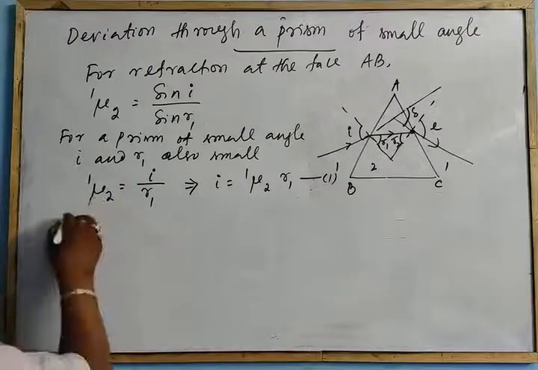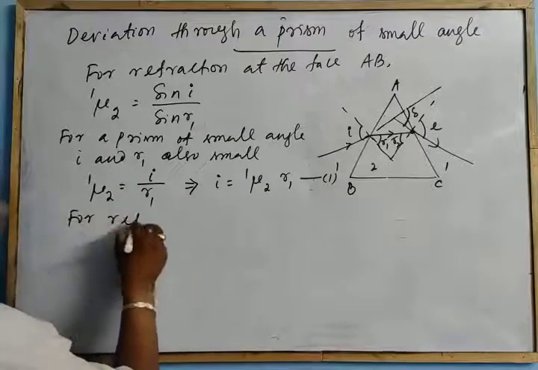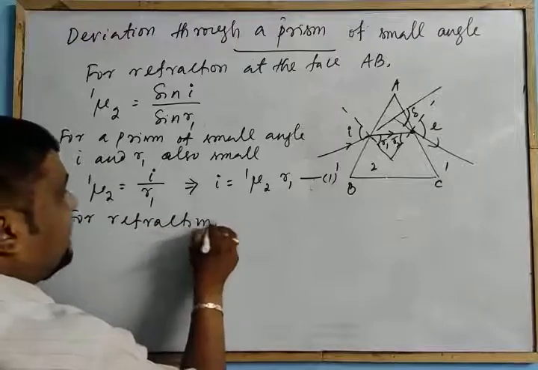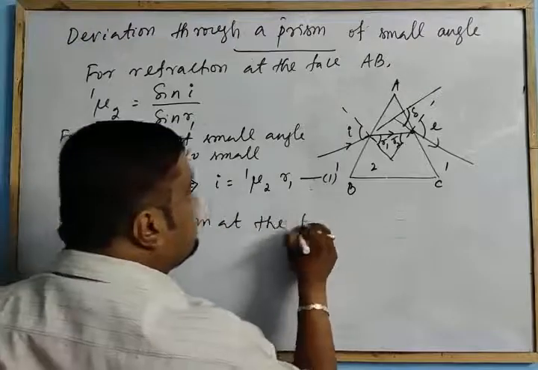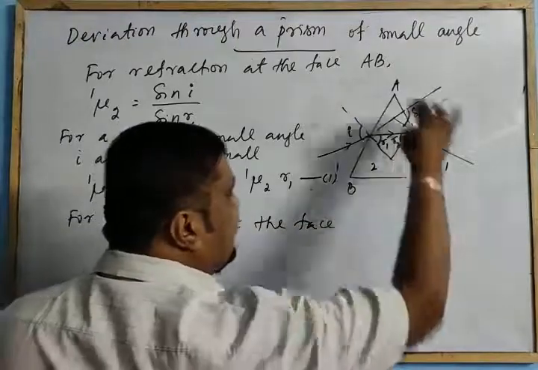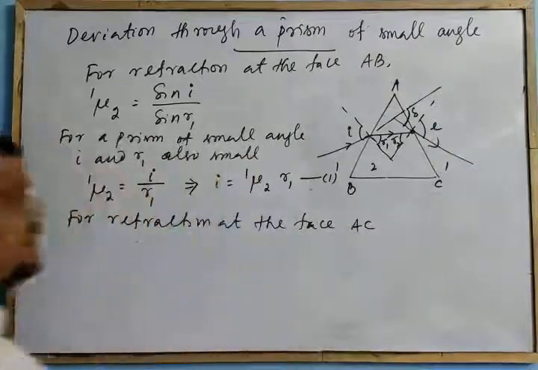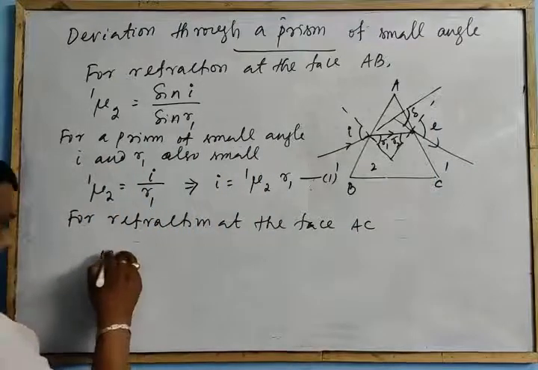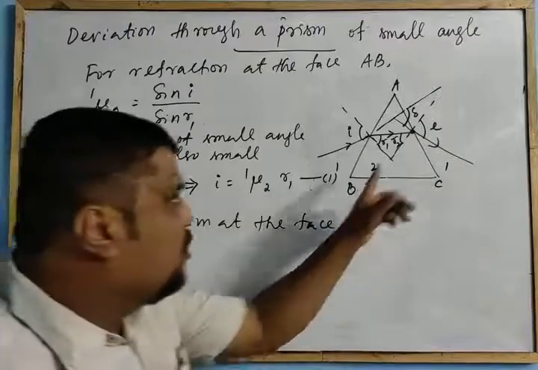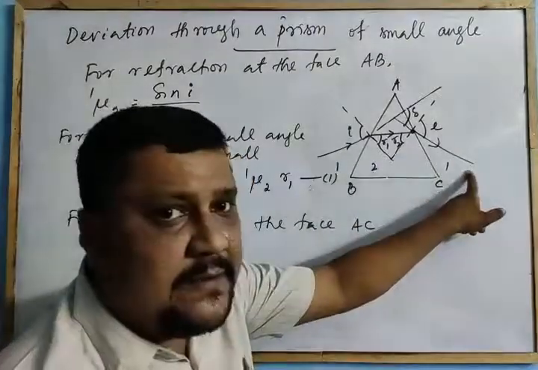Similarly, for refraction at the face AC, what do I write here? Refractive index of 1 with respect to 2. The ray is traveling from 2 to 1.